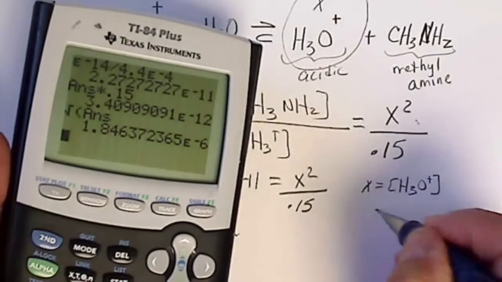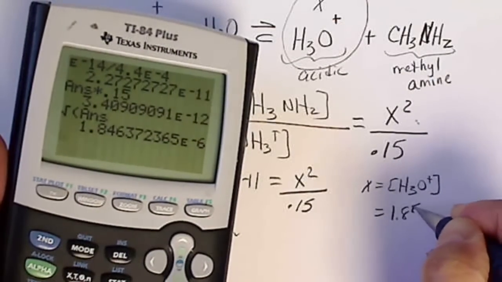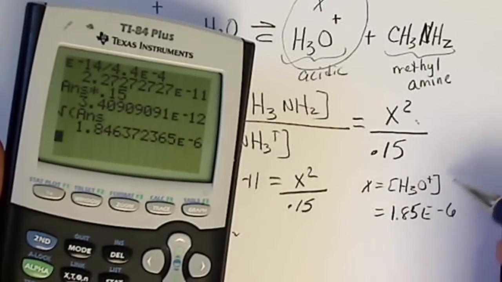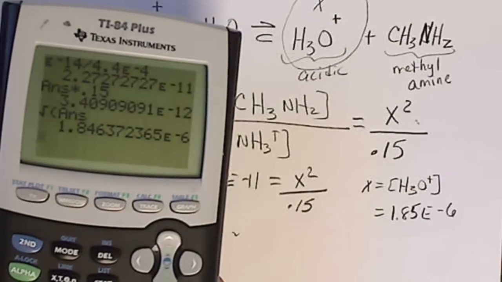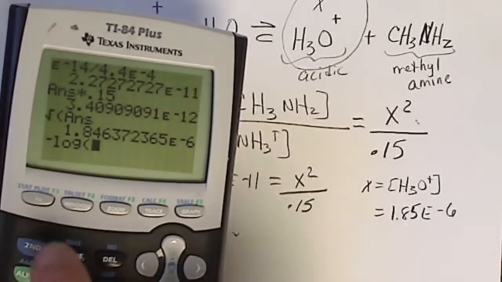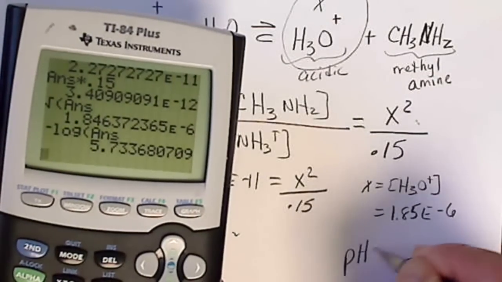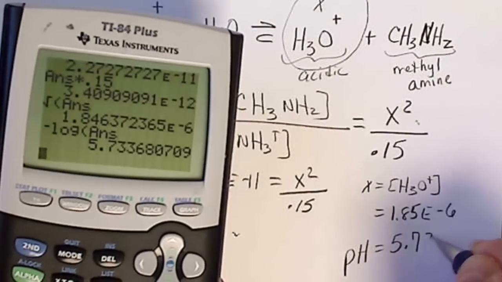So my x, or my H3O plus concentration, is 1.85 times 10 to the minus 6th. And that doesn't sound right, does it? Oh yeah, take the negative log of the second answer. Yeah, that makes better sense. So the pH here is 5.73.